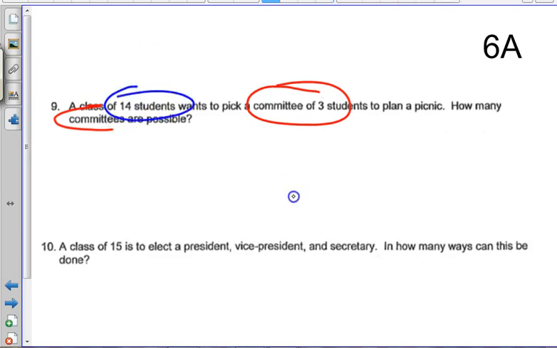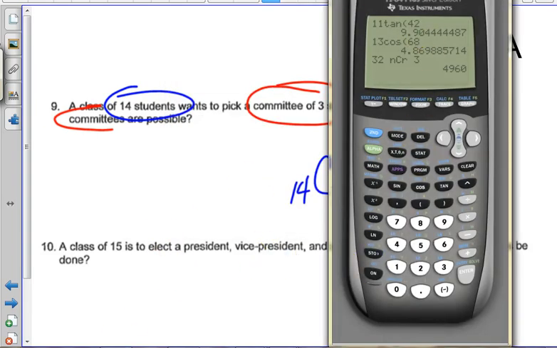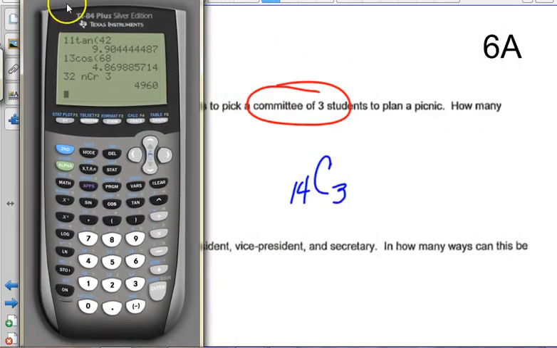Okay, how we do that? Yep. Why is it C and not P? Right, we don't want to count ABC and BAC differently. They're the same committee.